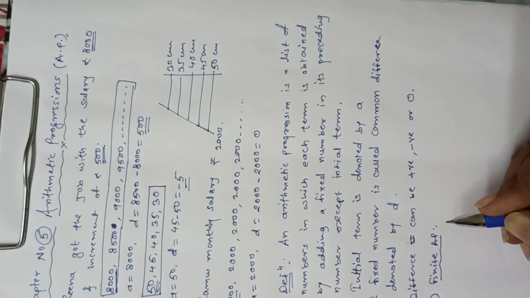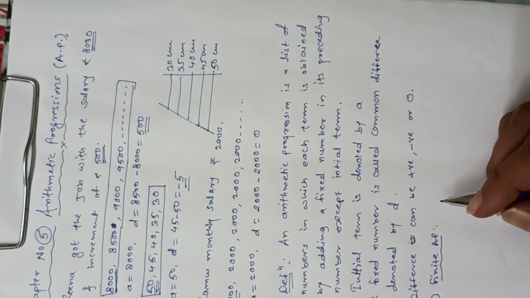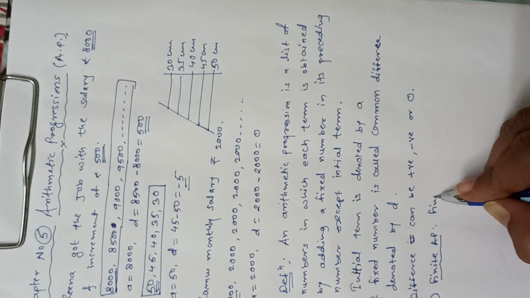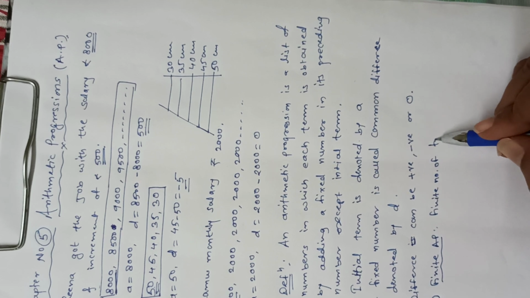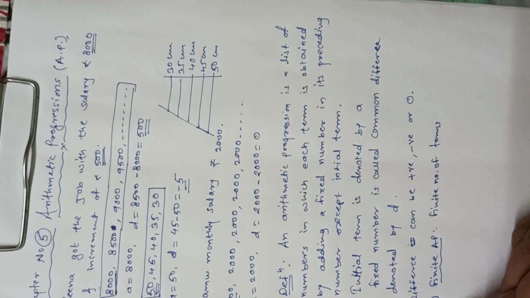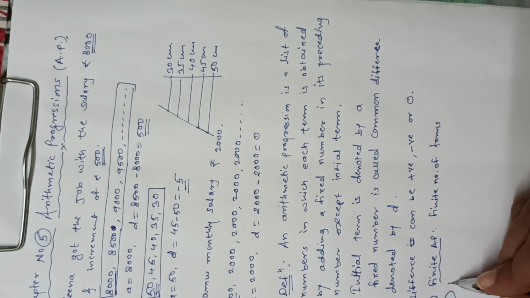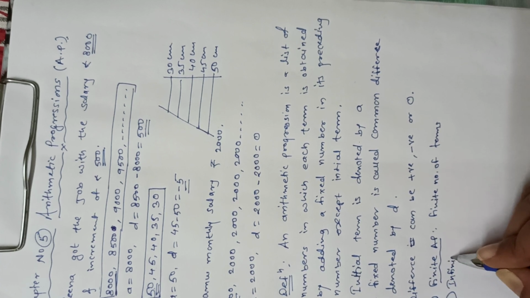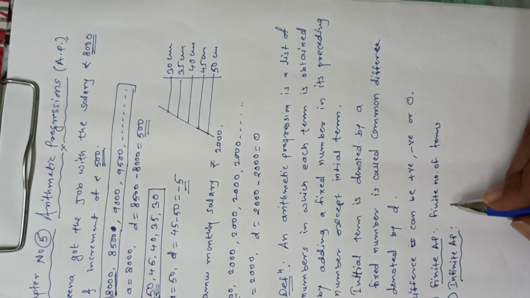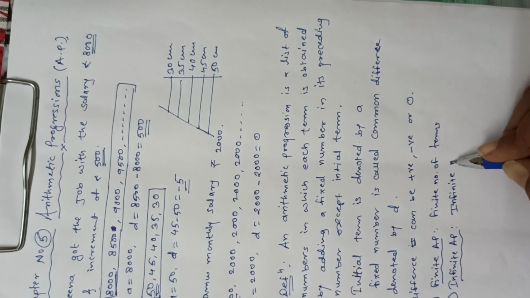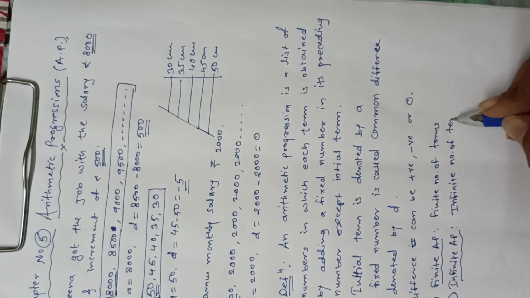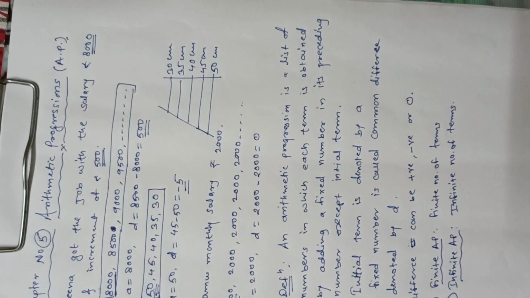The AP which has a finite number of terms is called a finite AP, and the second is infinite AP, that is, the AP which contains an infinite number of terms is called an infinite AP.